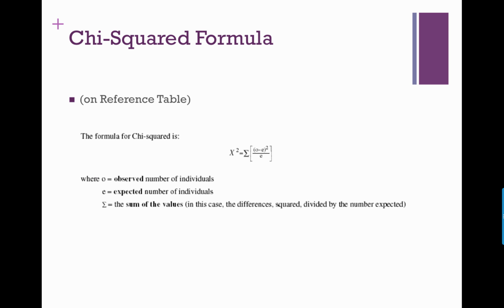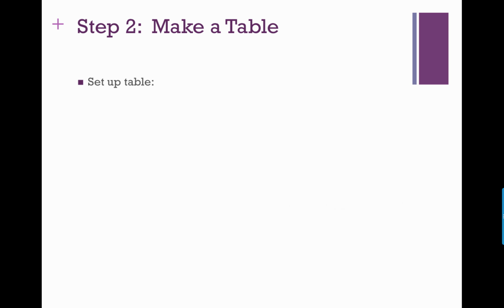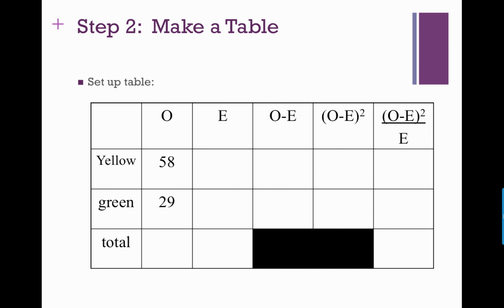So it's sigma (O minus E) squared divided by E. What you're going to want to do is to make a table. You're going to set up this table with columns for O, E, (O minus E) squared, and (O minus E) squared divided by E. I recommend you practice this because you get the formula, but you're not going to get the table written for you.